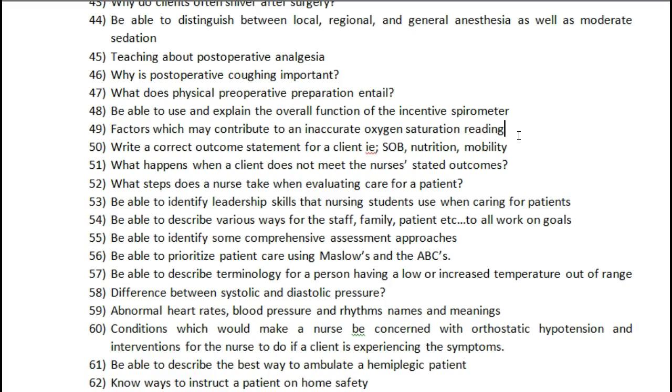You can assume if a person smiles they're happy, but not necessarily. It has to be something you can really observe. So if a person doesn't meet the nurse's goals, expectations or outcomes, then the nurse needs to change it.